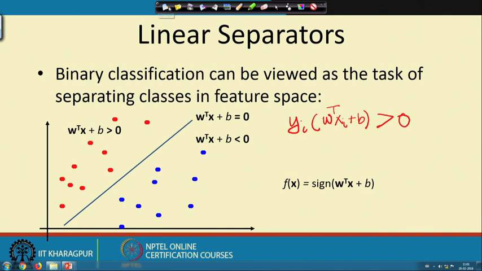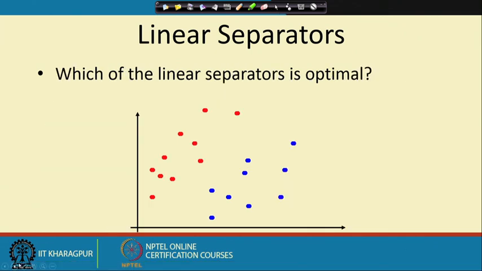All right. So, let us see. We further observe that there are actually many such lines which satisfy this condition.